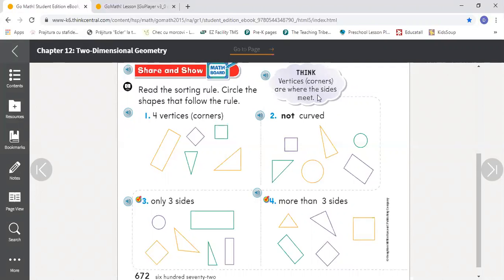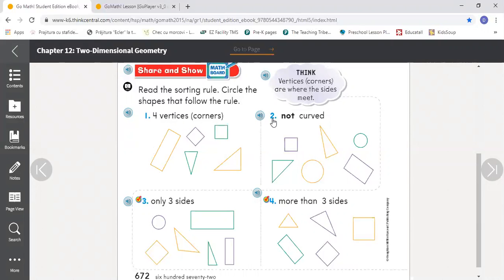Corners are where the sides meet. Yes, this side meets with this side and it has a corner here. So let's check all the shapes here that have 4 vertices. This rectangle, it has 4 vertices. Yes, this one indeed, and this one. These 3 shapes, they are all sorted by 4 vertices.